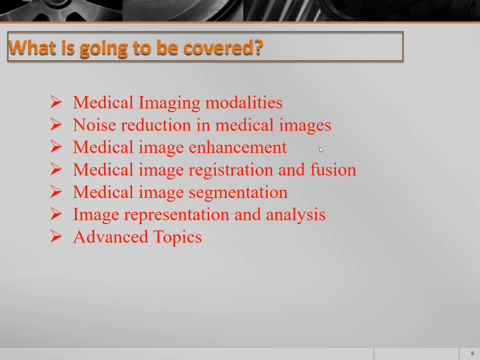Fusion is especially for some applications. For example, you have two image modalities. Okay, one is for MRI, one is for CT. But these two image modalities have different functionality. For example, CT can get some features MRI cannot get. MRI also can get some features CT cannot get.